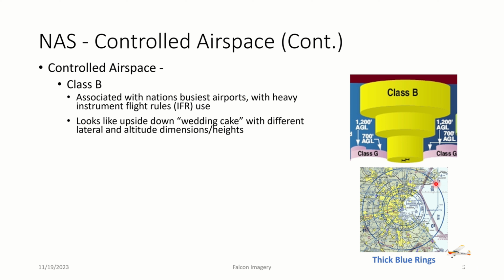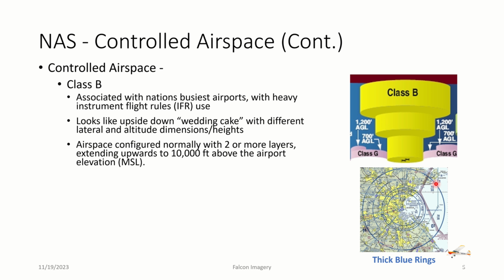There are at least two different lateral levels in it with various shelves, and they can vary in dimensions and heights depending on the airport. The airspace is configured normally with two or more layers extending upwards to 10,000 feet above the airport's elevation in mean sea level. The horizontal radius could extend outwards to 50 nautical miles.